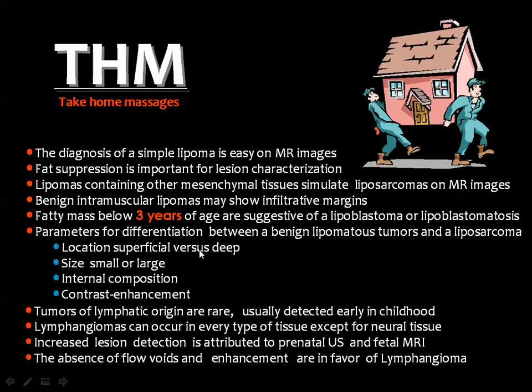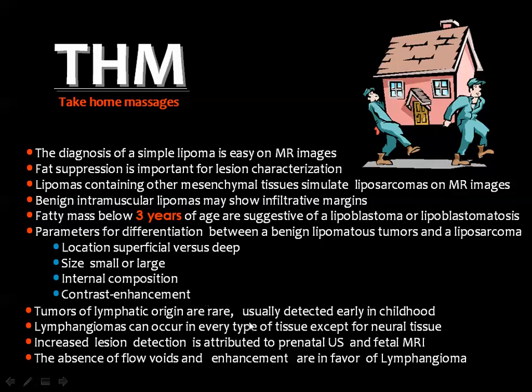Deep lesions should be investigated to exclude the possibility of malignancy. A small size is in favor of a benign lesion. Large size is suggestive of malignancy. Internal composition of other soft tissues rather than fat is suggestive of liposarcoma. Contrast enhancement is also in favor of malignancy.